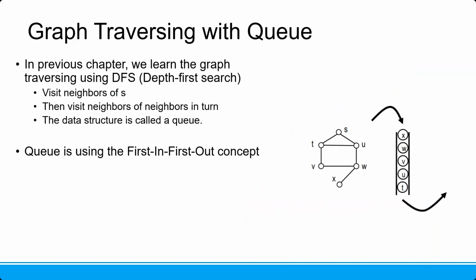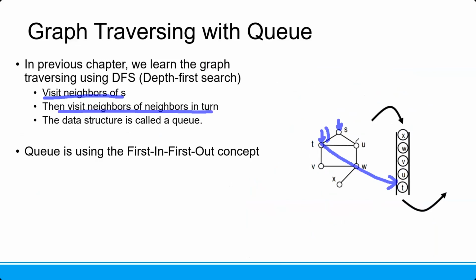We can also use a queue to traverse the graph. If we use a queue, it means whenever we visit a vertex, let's say I start from S, so I visit the neighbors of S. Then I visit T. Then visit the neighbors of neighbors in turn.